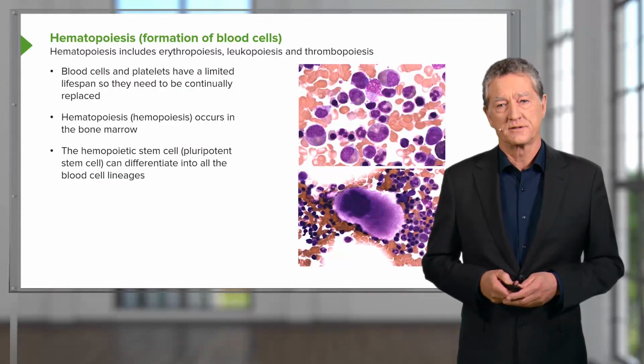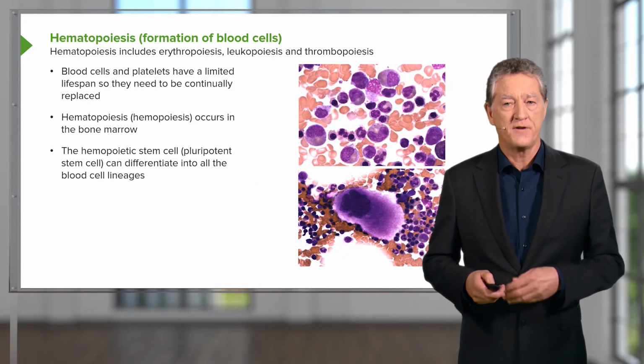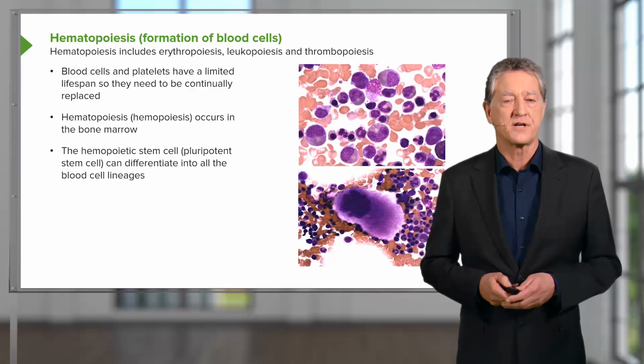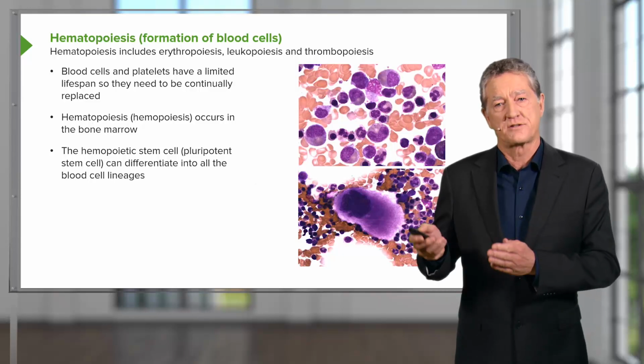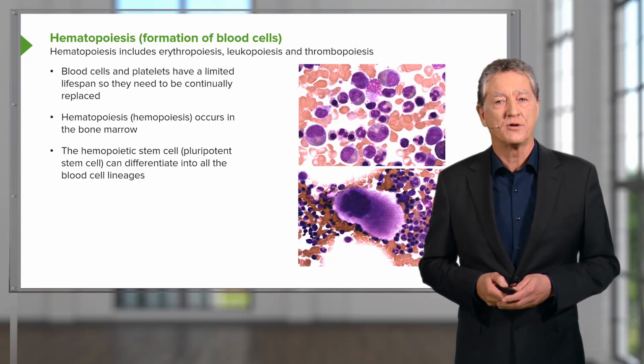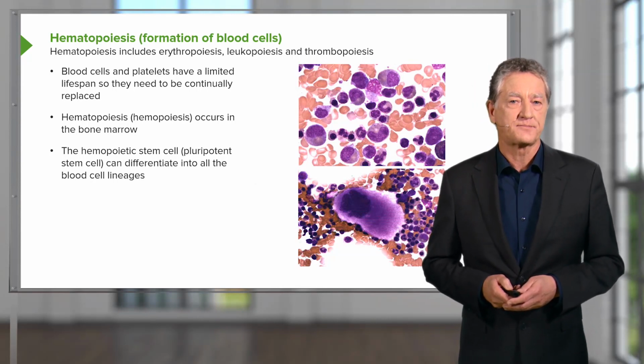So it's important that this hematopoietic stem cell divides continually to provide these progenitor stem cells as well, because they're lost during the process of their differentiation into the final blood cell types.